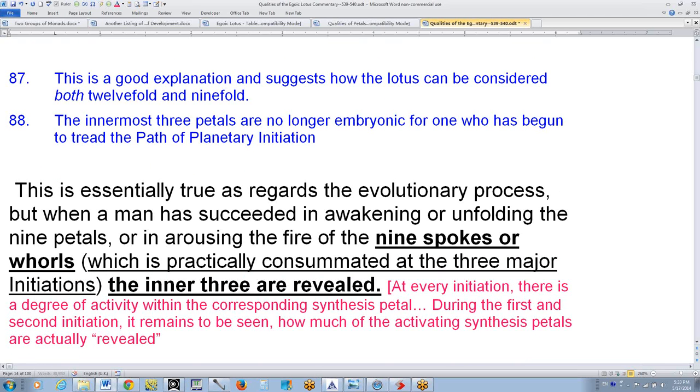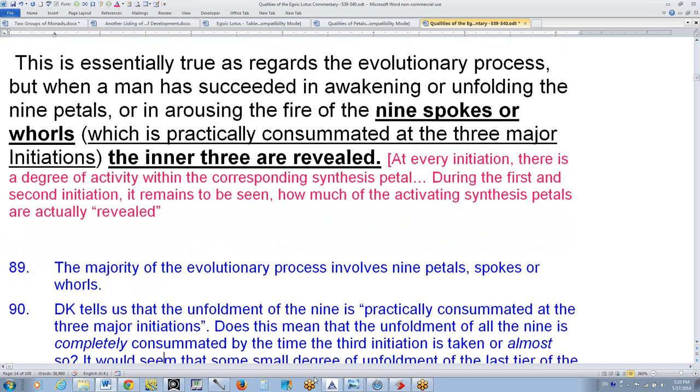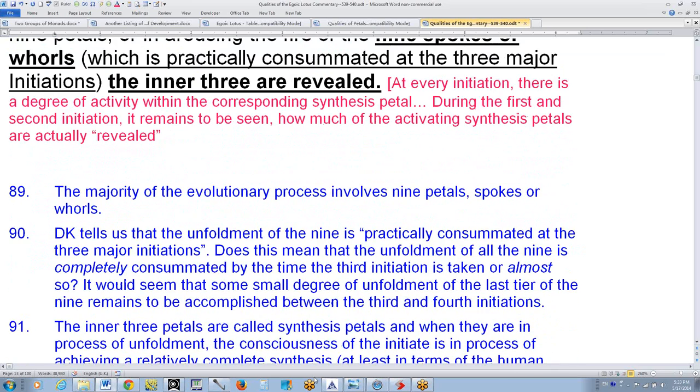We know they burst open at the fourth degree, but the question remains about whether they are seen or detected or felt in some manner before that final bursting. And I would say so. It would seem so. We'll have to correlate some references here.